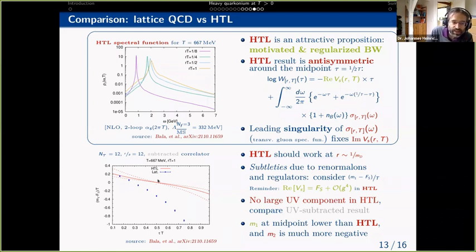What you see is that the hard thermal loop result has an anti-symmetry around the midpoint, which we do not see in the lattice result. Therefore, if we want to analyze the lattice result in terms of this hard thermal loop idea, we have to restrict ourselves to a very, very narrow range around the midpoint where results might still be consistent with this anti-symmetric condition that we have for the hard thermal loop result.